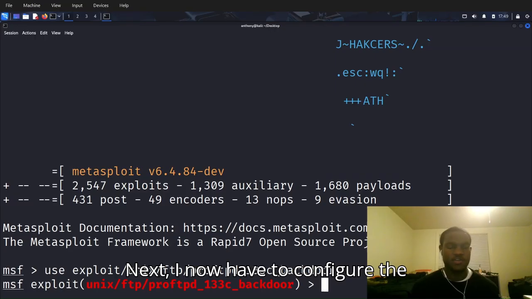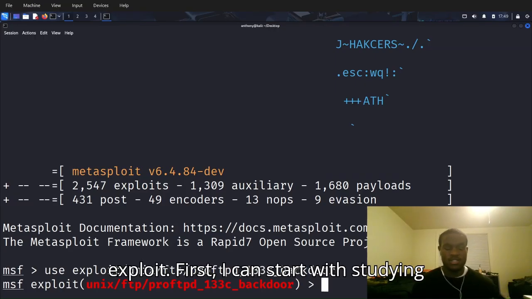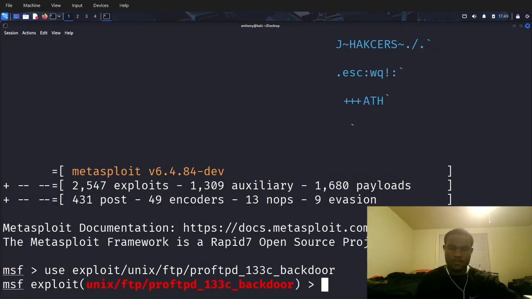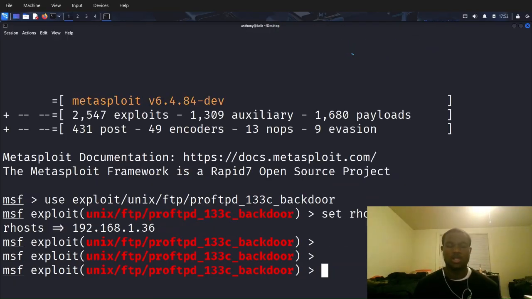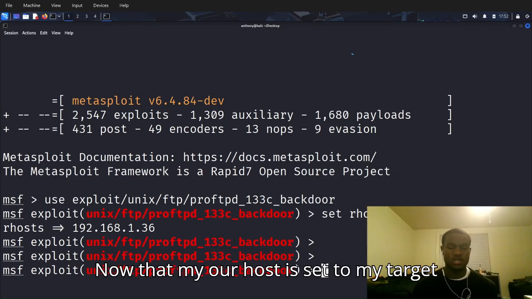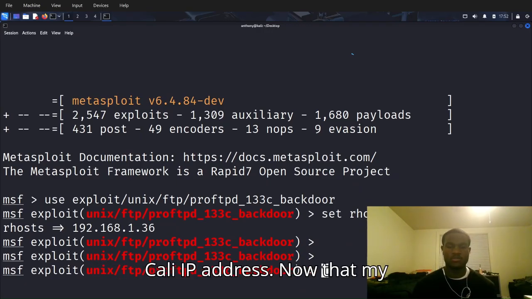Next, I have to configure the required options for this specific exploit. First, I can start with setting my RHOST. Now that my RHOST is set to my target IP address, I can set my LHOST to my Kali IP address.